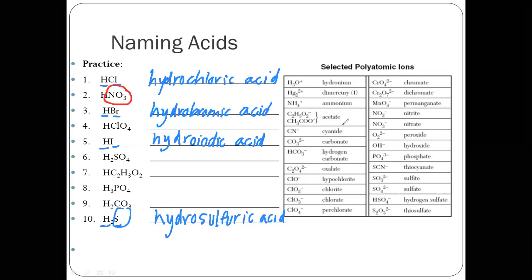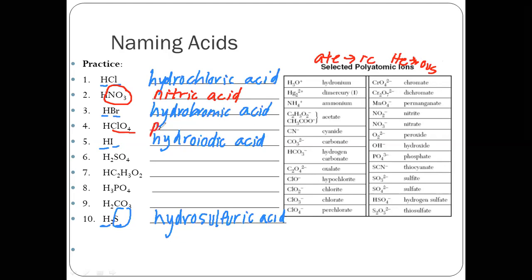Okay, so the rest of these are going to follow the rule where ATE changes to IC and ITE changes to OUS. Okay, so let's look up NO3. Oh, it's nitrate. So nitric acid. ClO4 right here, perchlorate.